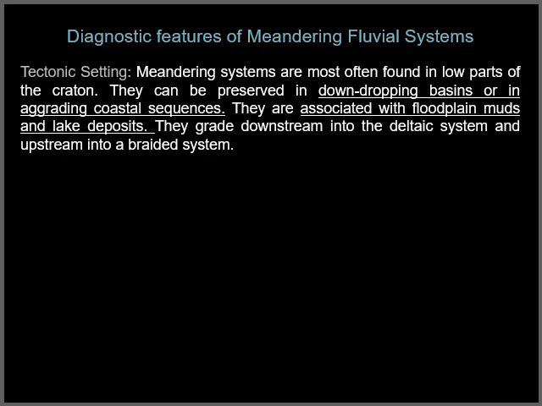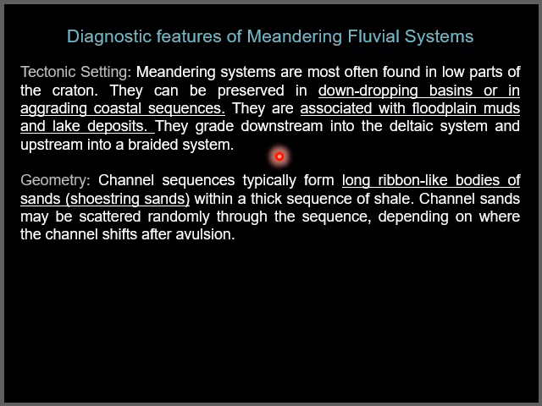The next two slides summarize the diagnostic features of meandering fluvial systems. I underlined the important information, like they are associated with down-dropping basins, especially in aggrading coastal sequences. They are associated with floodplains, muds and lake deposits.